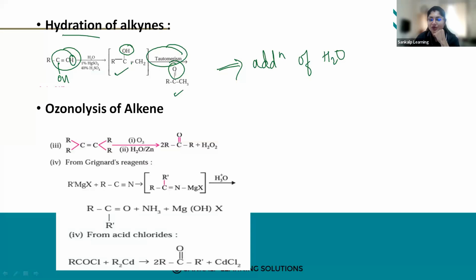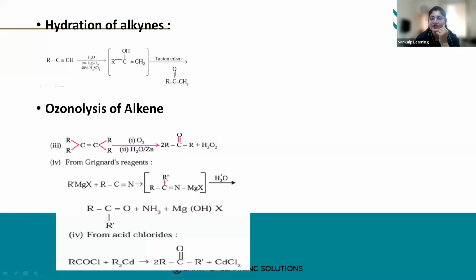The number of atoms in both is the same. So it is undergoing keto-enol tautomerism. This is the keto form and this is the enol form, because in the enol there is one double bond and one OH. Whenever it undergoes tautomerism, it will show the keto-enol form.